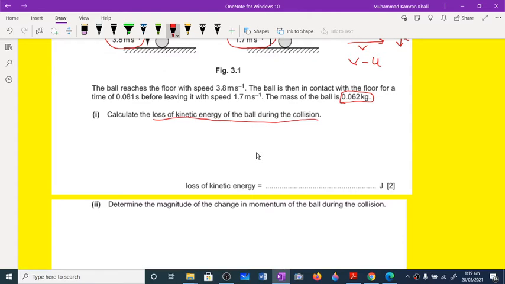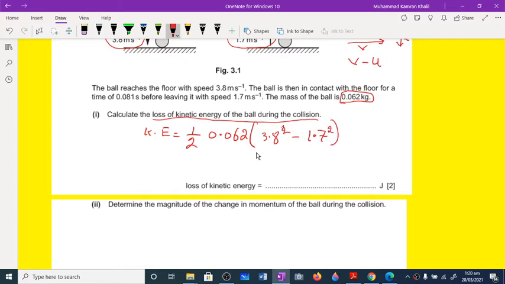Now we are required to calculate the loss of the kinetic energy. So the loss of kinetic energy is equal to 1 by 2, the mass is common. What is the value of the mass? 0.062. And the other thing is the mistake which the students will make. The values given are 3.8 squared minus 1.7 squared.